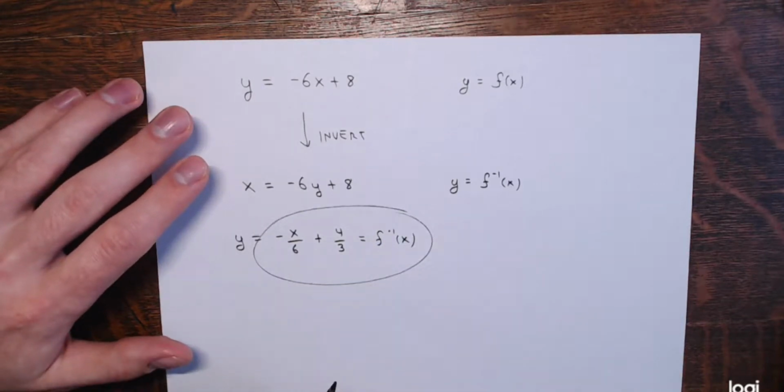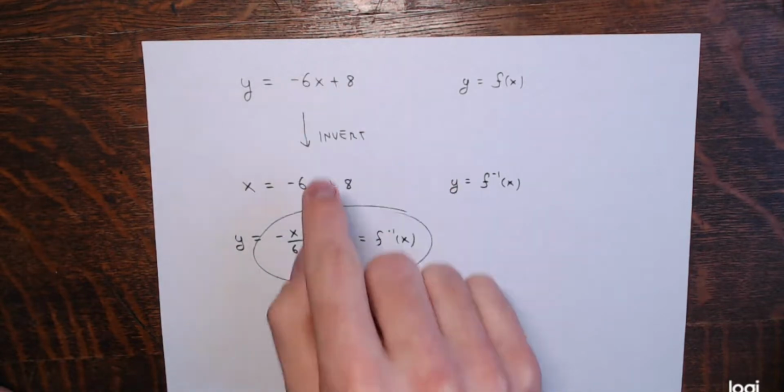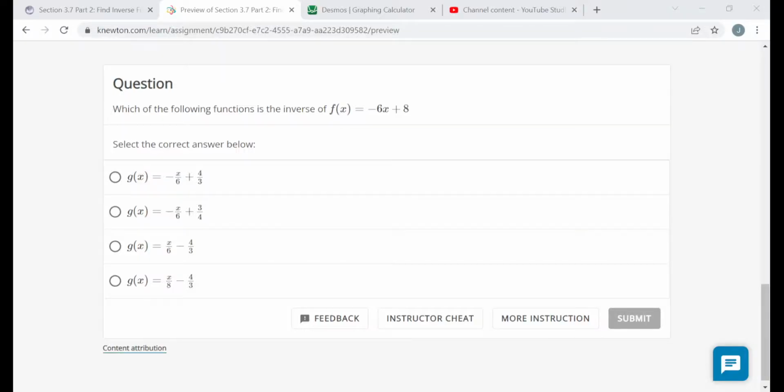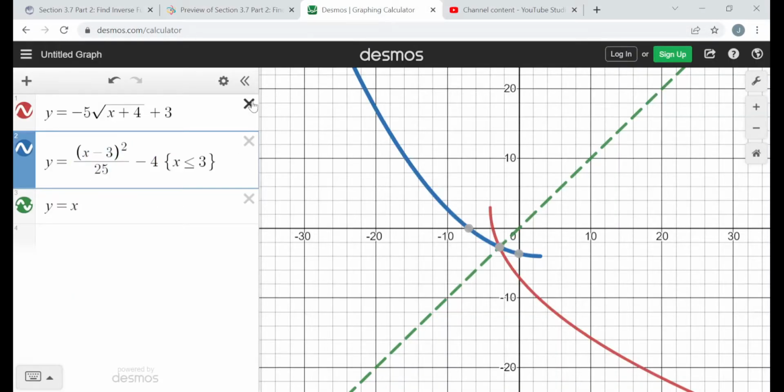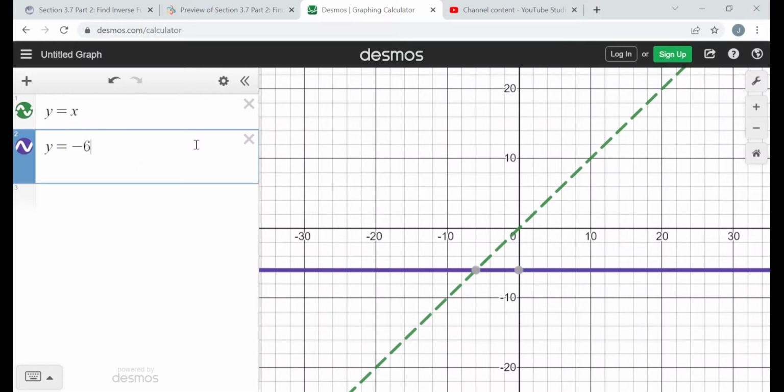And again, if you want to see the graphs, maybe I should do that with this one because it's pretty easy to see. But if you look at the graphs of these two functions, they're going to be looking like a reflection across the line y equals x. And I'll show that to you. So again, back here, I'll keep the line y equals x up, in a dashed form. The original function we were given, f, was y equals negative 6x plus 8.